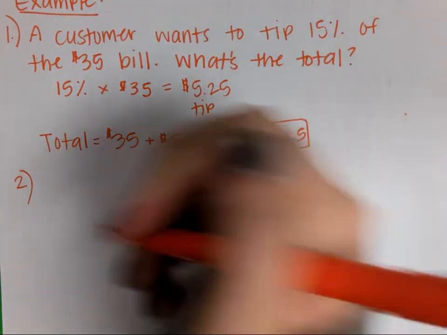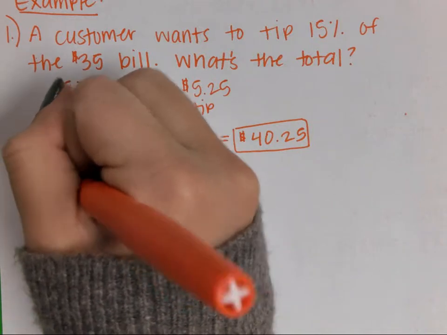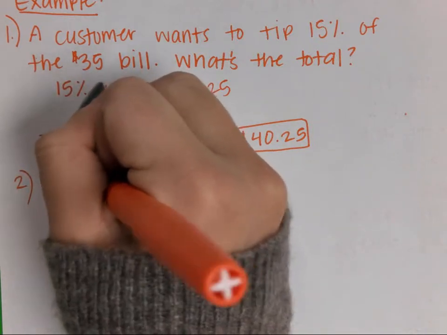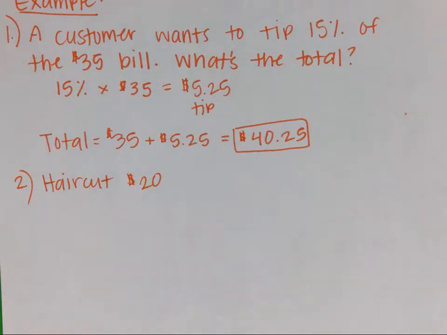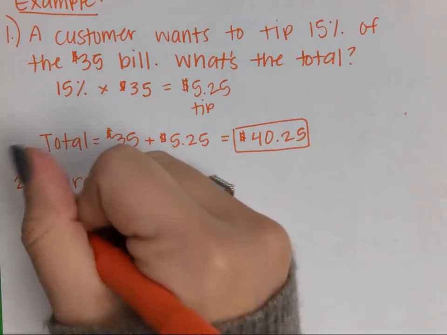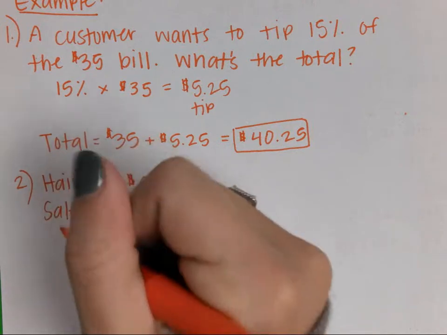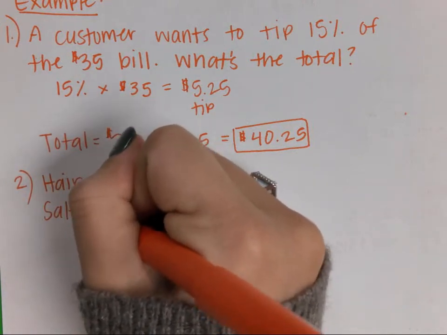Let's say I'm going to get my hair cut and it's going to cost $20. There's also going to be sales tax on top of that, so the sales tax is 4.75%.